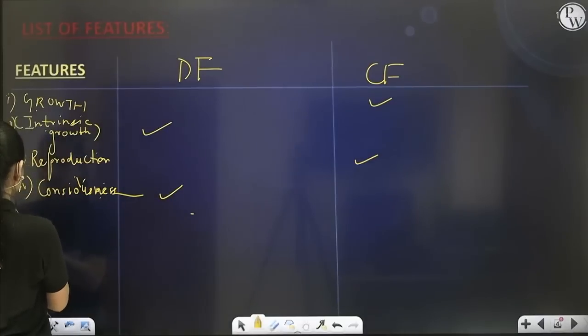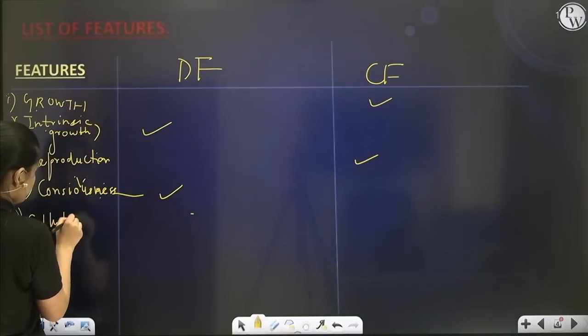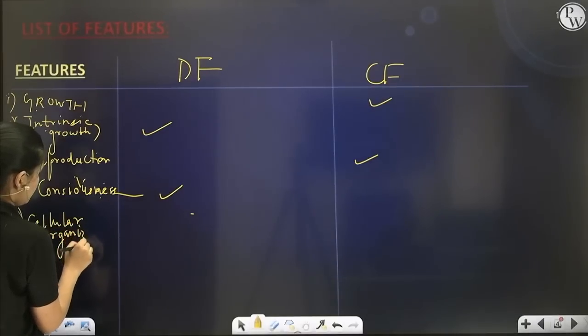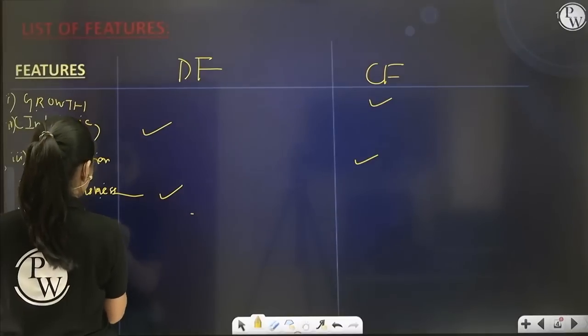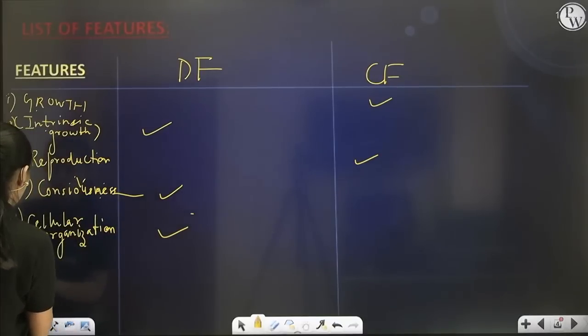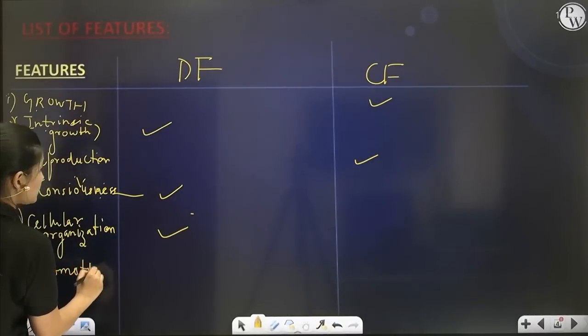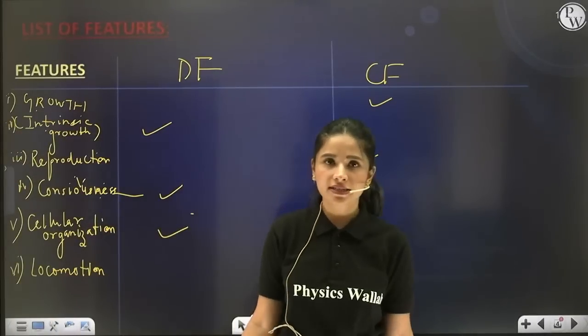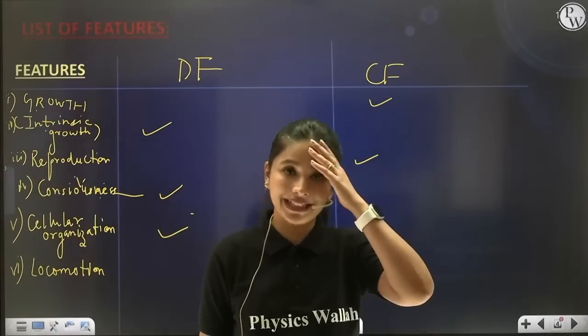Next, cellular organization. It is a defining feature. Next, locomotion. It is a characteristic feature. Why? Because plants are sedentary, they do not move, but they are living.